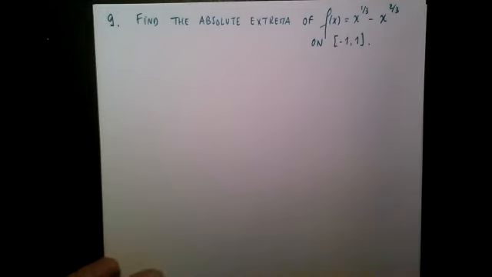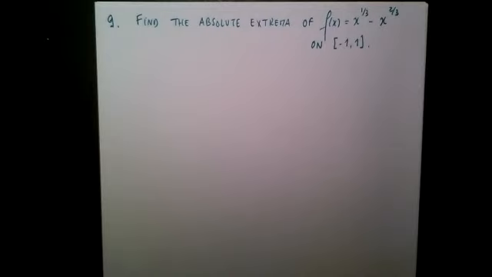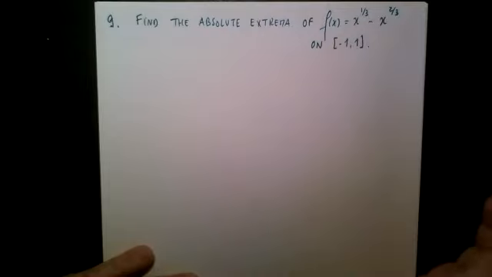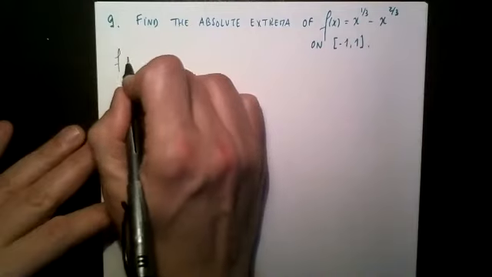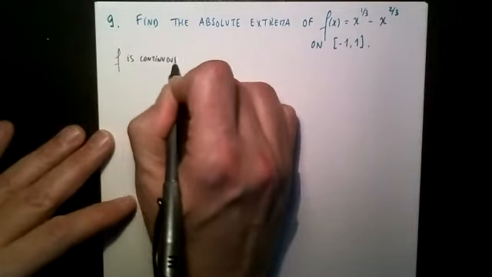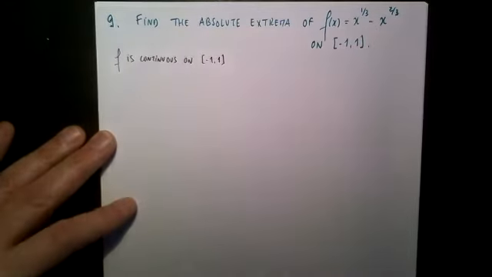So the first thing we do, of course, is we see if there are any critical numbers, okay? So basically numbers where the function has a derivative of 0 or is not differentiable. It's clearly continuous between -1 and 1 because there is no restriction on the x. So I'm going to write this down. F is continuous on [-1, 1].